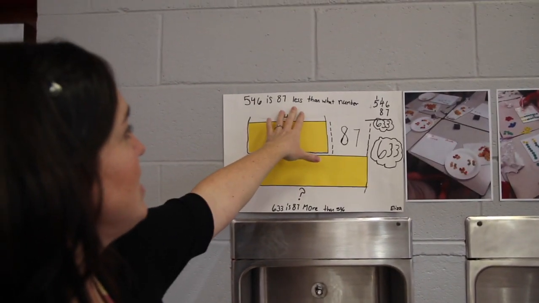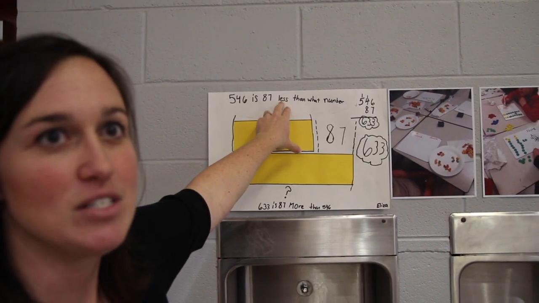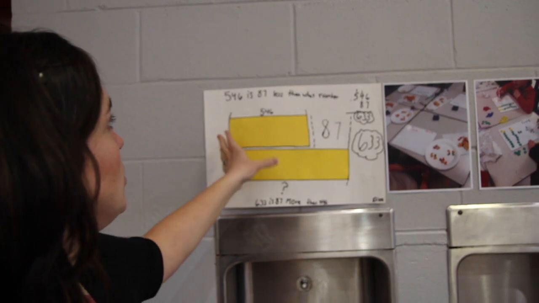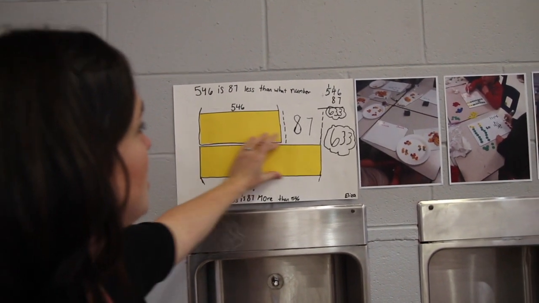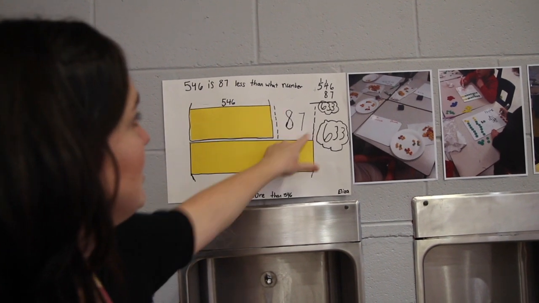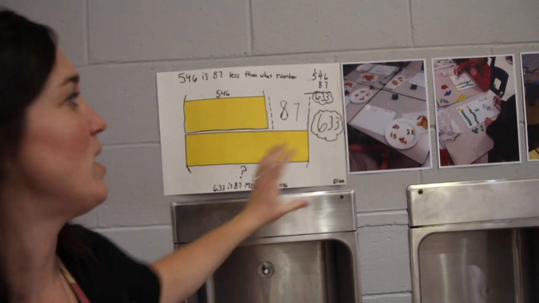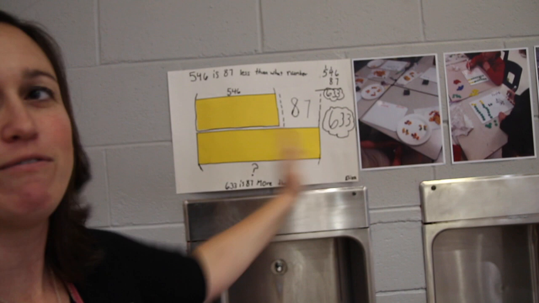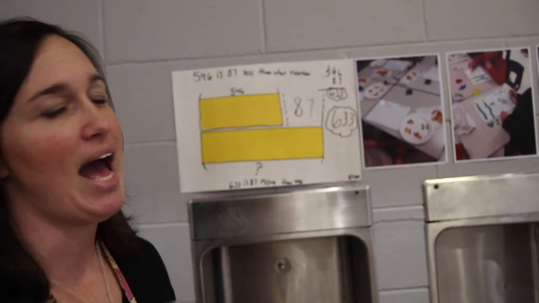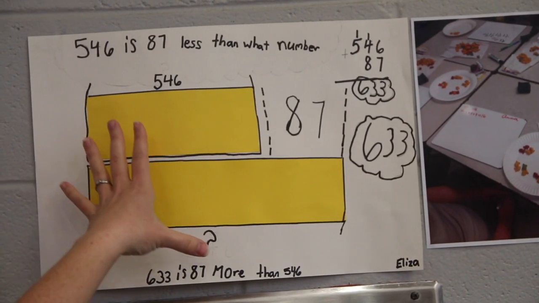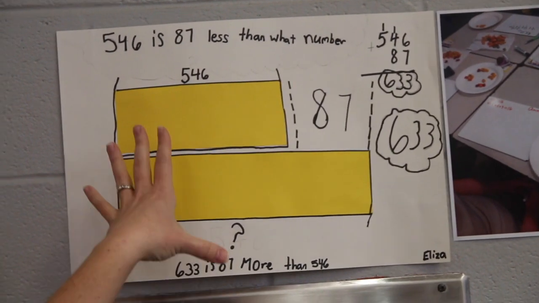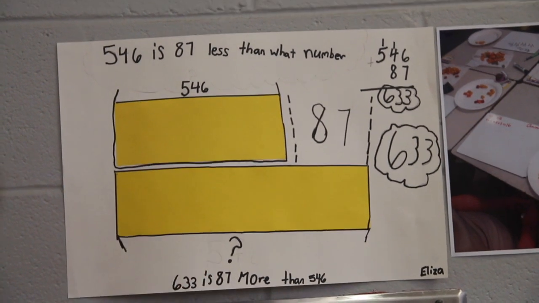When they see that, a lot of times they think they have to subtract, but what they do is realize, okay, here's 546, and this number is 87 less, so it's like this space right here. Then they realize, oh look, I'm looking for a bigger bar, so I have to add. It's something as simple as this, but they see that number and they think they're supposed to subtract, which is completely wrong. So to have that visual really helps them.